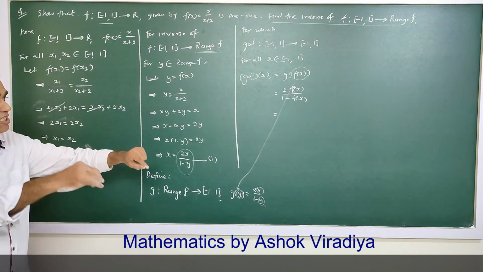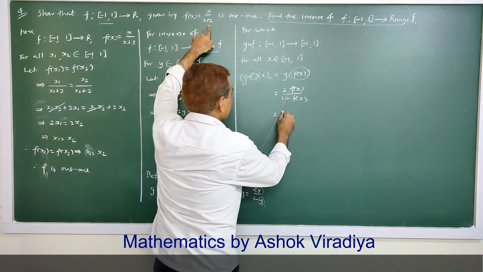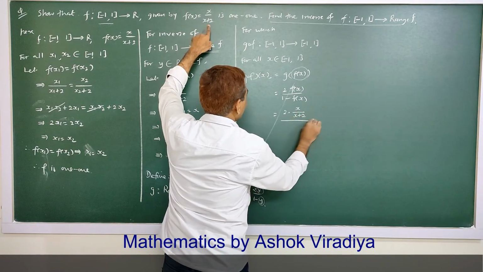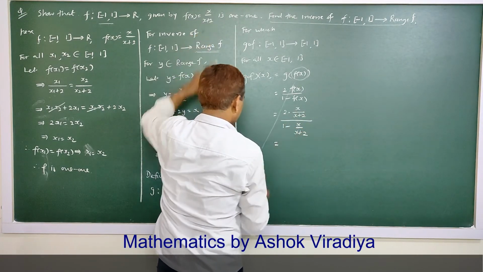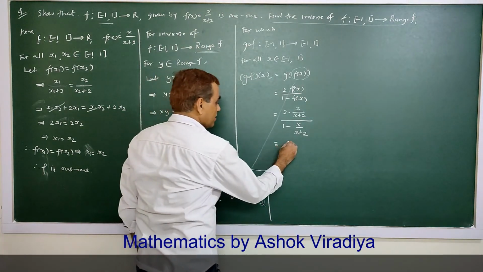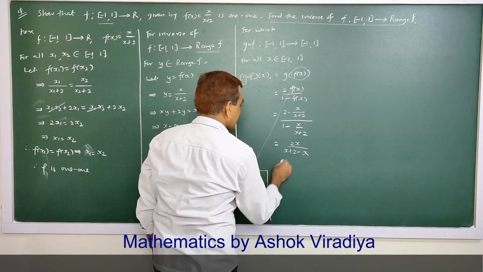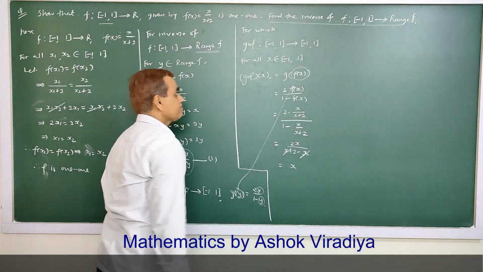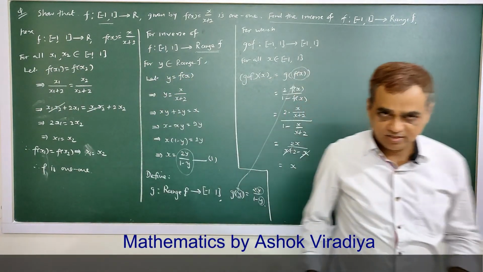Now I substitute the value of f(x). What is f(x)? f(x) is x upon x plus 2. So it is equal to 2x upon x plus 2 over 2 minus x upon x plus 2. The x cancels, and 2x upon 2 is x. So what is proved here?